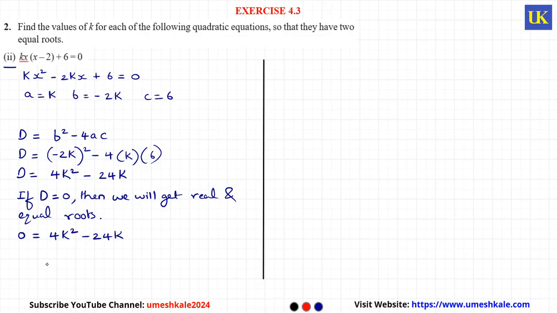Now what we can do is we can take 4k common here, right? Because in both of them, we can take 4 common, and k also we can take actually.